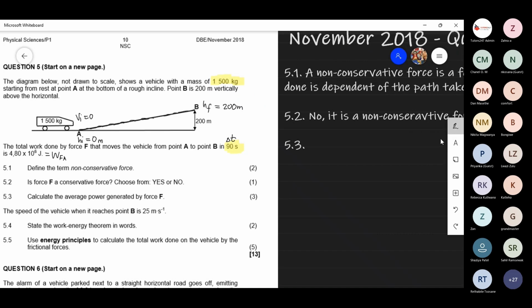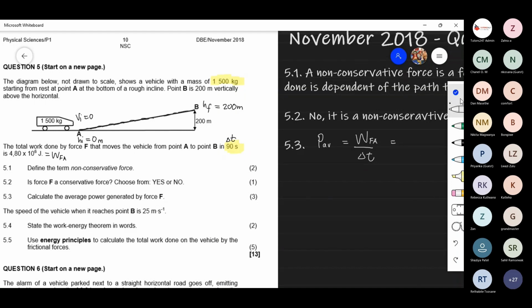So the formula for power, or average power, is P average is equal to work over change in time. Now keep in mind, because we are calculating the average power of force F, or of the applied force, we are going to use the work done by the applied force. So if you are calculating power of a particular force, make sure that you use the work of that particular force, okay?